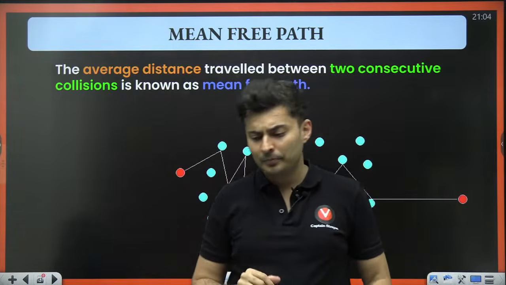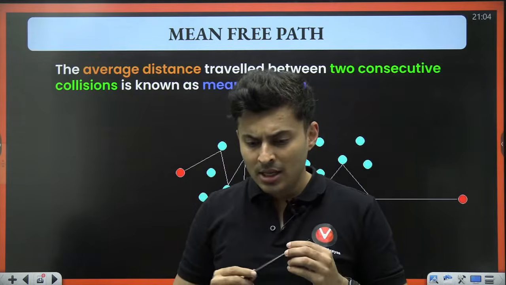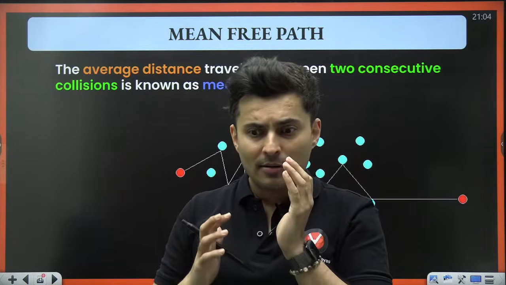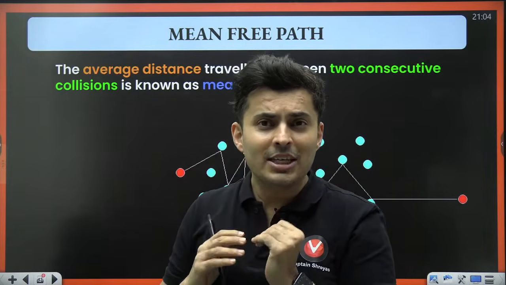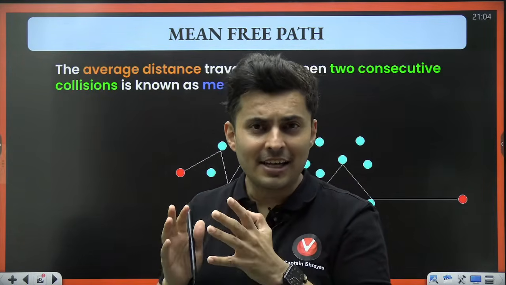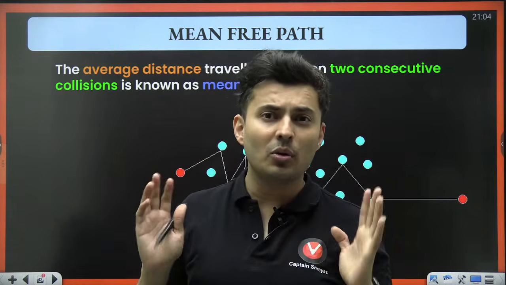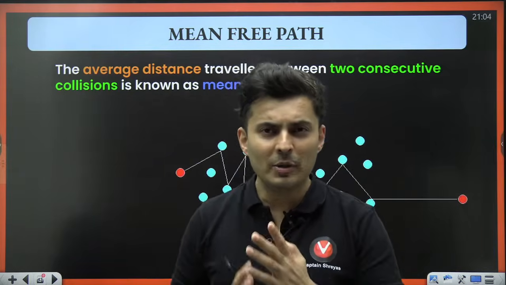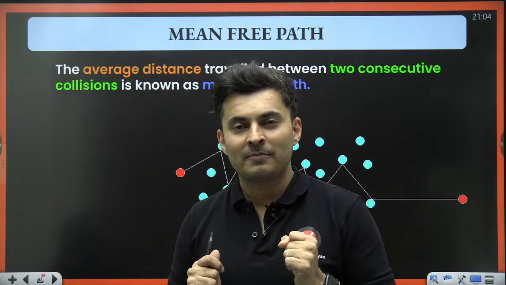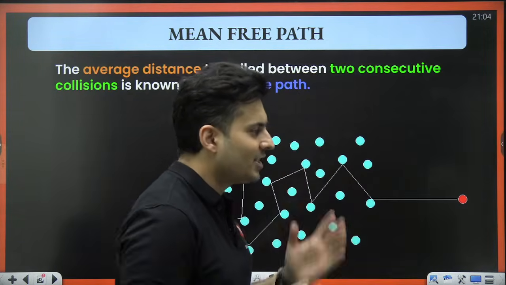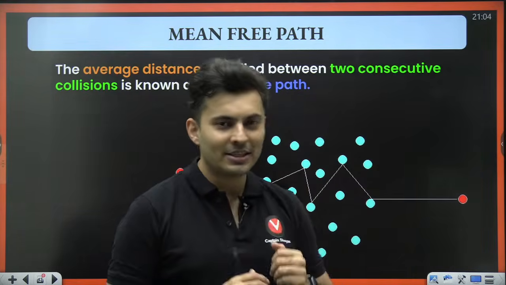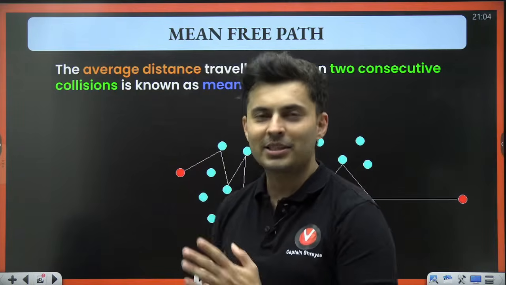So tell me, when this happens, won't there be a distance for which a student will be running without colliding? He runs for some distance without colliding, and then he collides. Then he changes direction and runs in another direction. Again he collides, again changes direction, and again runs for some time.